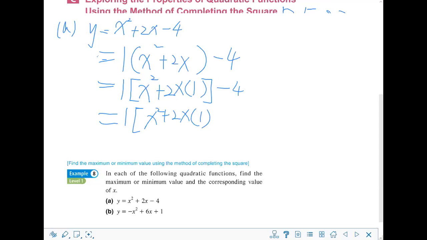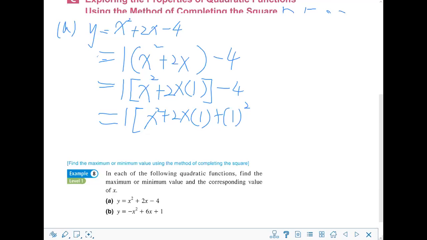And then for the first step, we're going to add one more term to this, and that will be the 1 square. Because we want to make up the format of x squared plus 2xy plus y squared.